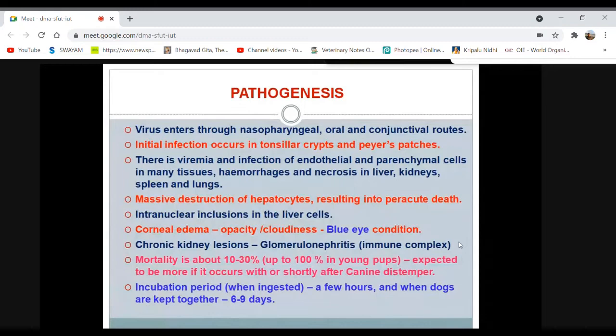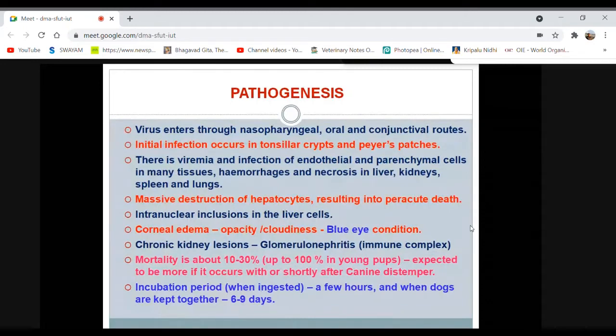This virus normally gets entry through the nasopharyngeal, oral or conjunctival route, meaning nasopharynx, oral through ingestion or inhalation, or contact, mostly the conjunctival route. After that, the initial viral infection occurs in the tonsillar crypts as well as the Peyer's patches of the intestines.